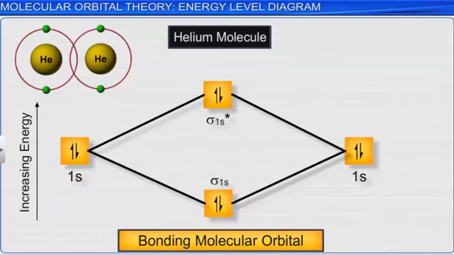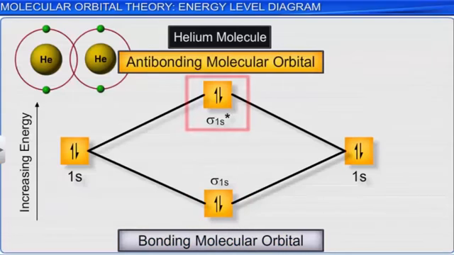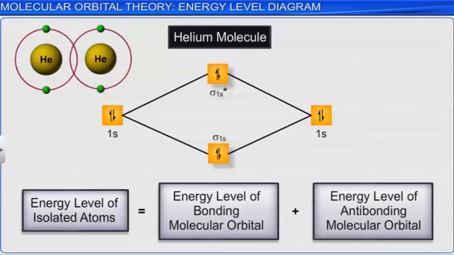However, the energy of the sigma star anti-bonding molecular orbital will be considerably higher. Thus, the overall energy of a helium diatomic molecule will be the same as that of two helium atoms. So, there will be nothing holding them together. Hence, the helium diatomic molecule does not exist.